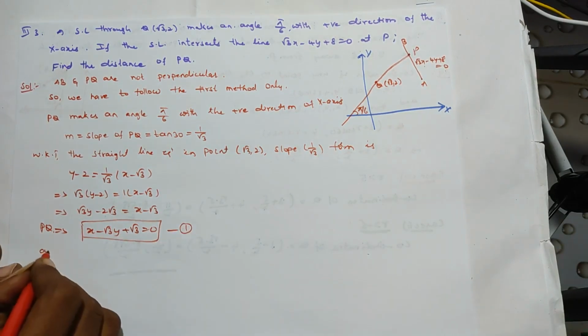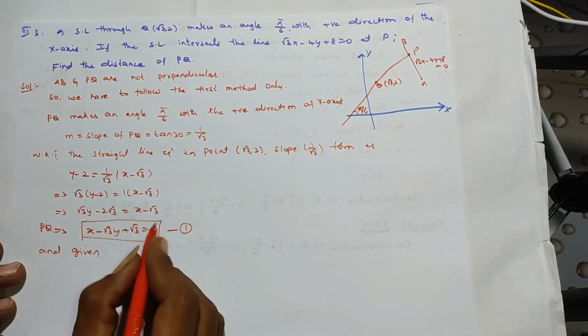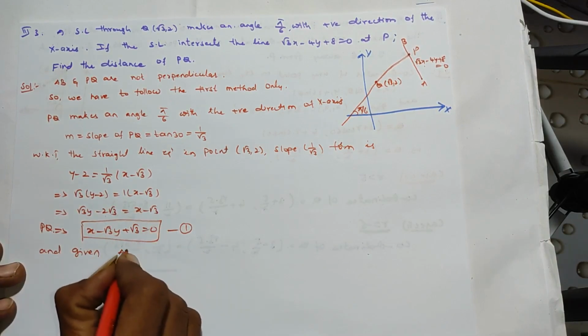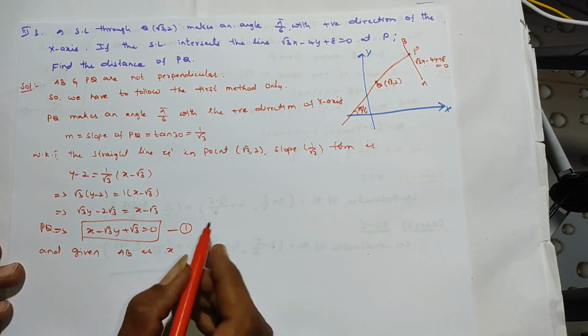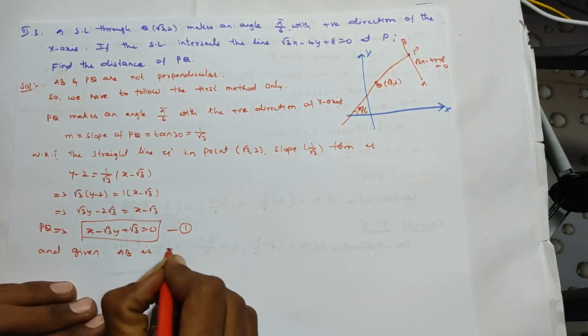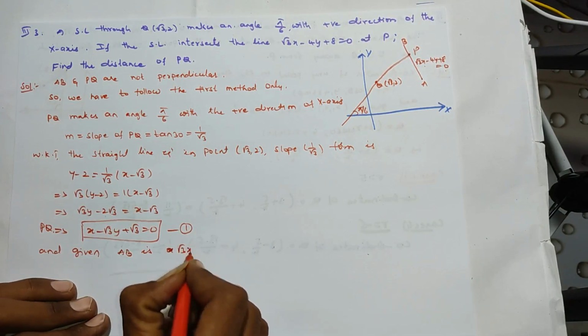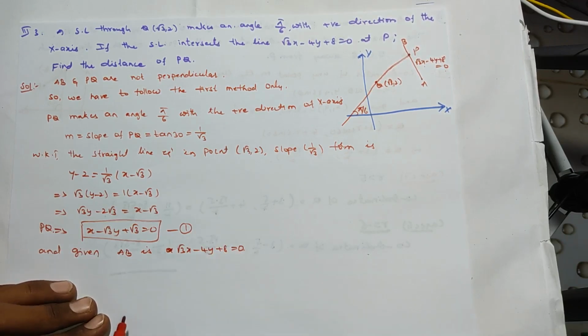And the given AB line equation is root 3x minus 4y plus 8 is equal to 0, right?